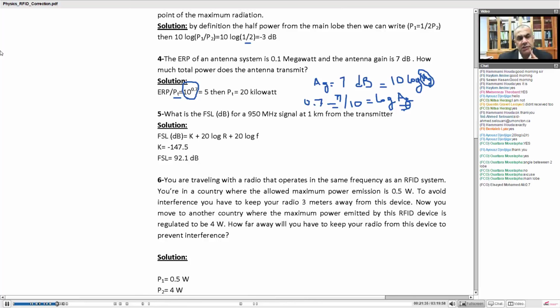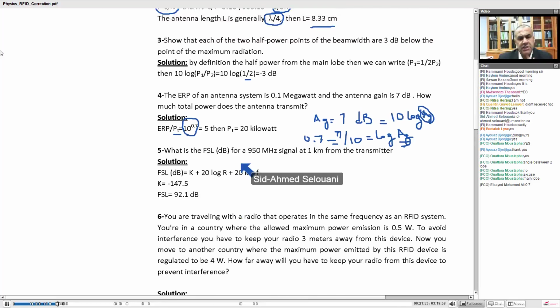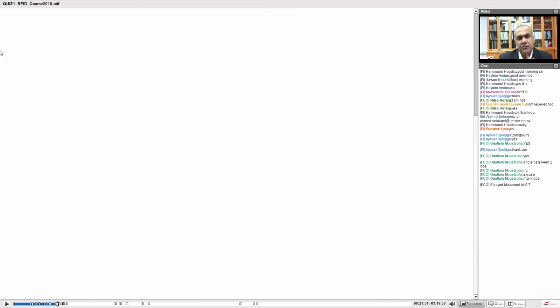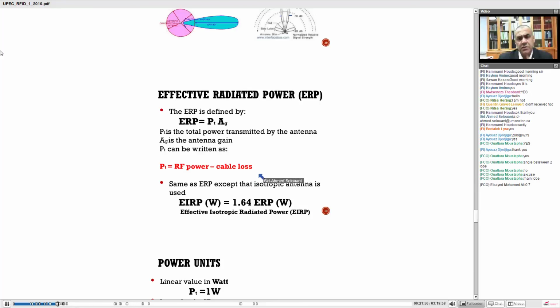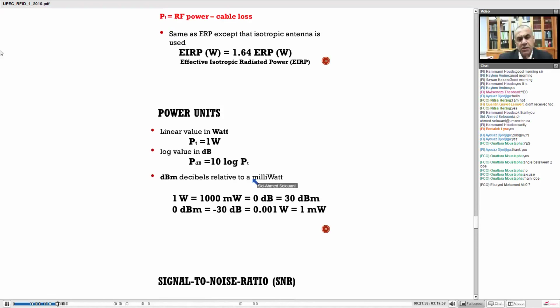Your free space loss is equal to K, which is the constant including the speed of the light, and you have here the distance, and here the frequency. Maybe I didn't use R in the original formula.